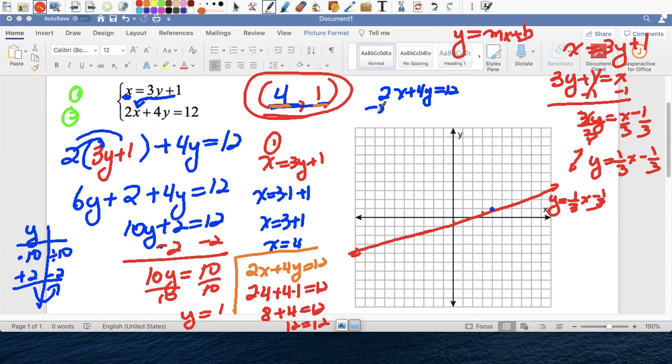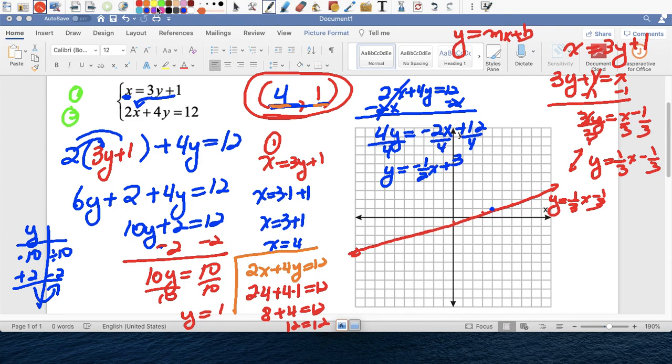So let's do minus 2x on both sides. Now we divide everything by 4, and we get y equals negative 1/2 x plus 3, since 12 divided by 4 is 3.